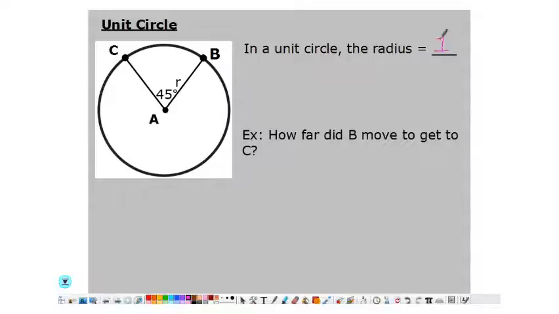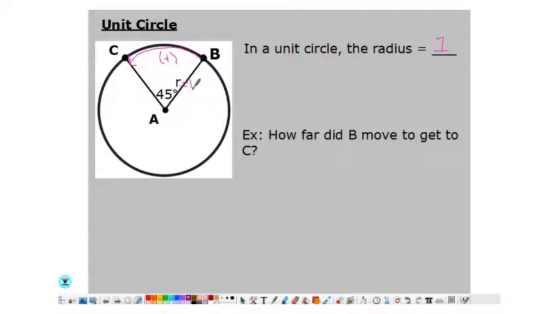So now we want to figure out if we rotate B along the circle towards C through this 45-degree angle, so that's a counterclockwise rotation, so it's positive, how far did it have to move? So we're going to make our radius here equal to 1, so that way this is a unit circle.